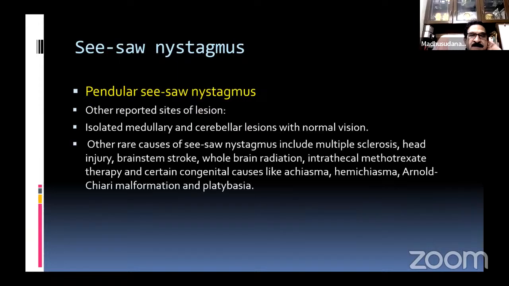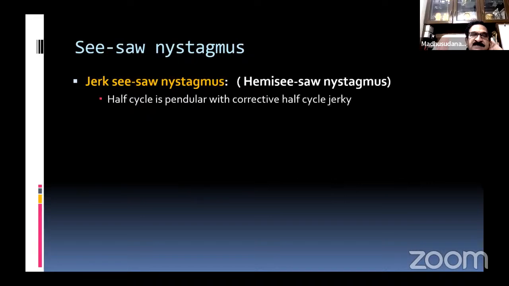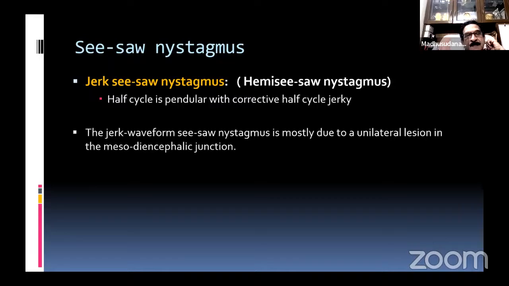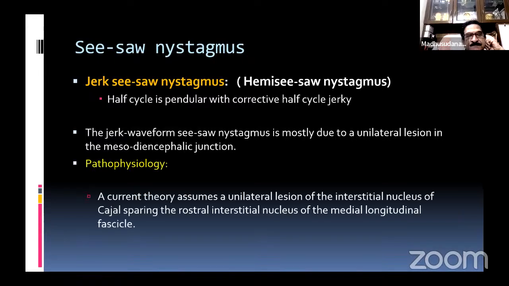I think there are other sites which are reported to produce that, I'll skip that. Jerk seesaw nystagmus, also called hemi-seesaw nystagmus, where half the cycle is pendular and the other half is jerky, is mostly due to unilateral lesions of the mesodiencephalic junction.